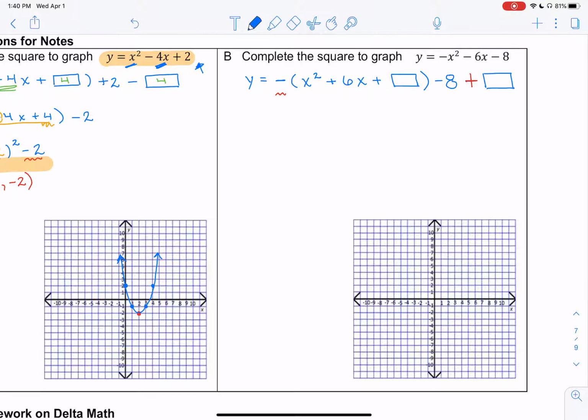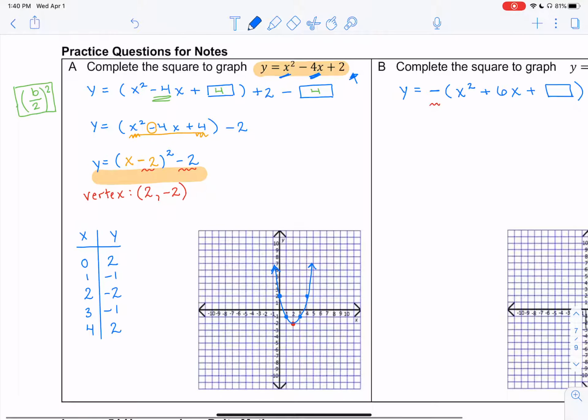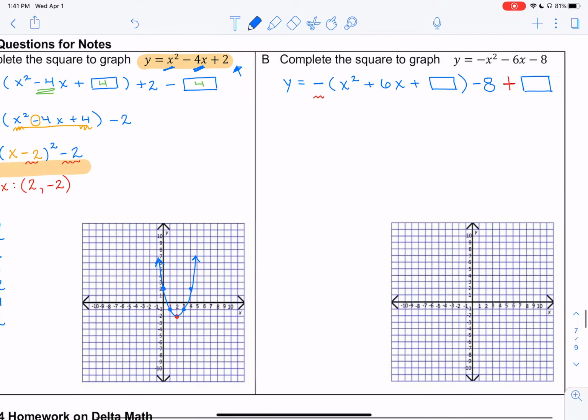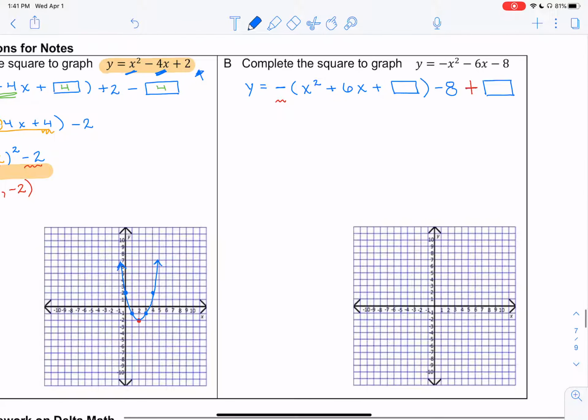Okay, and then I can go back over here and remember how to find the magic box. Take your b value, divide by 2, and then square it. So my b value is 6, divide by 2, and then square it, and I get 9. Okay, so if I clean that up, I have negative, parentheses, x squared, plus 6x, plus 9, and then outside I have a plus 1.